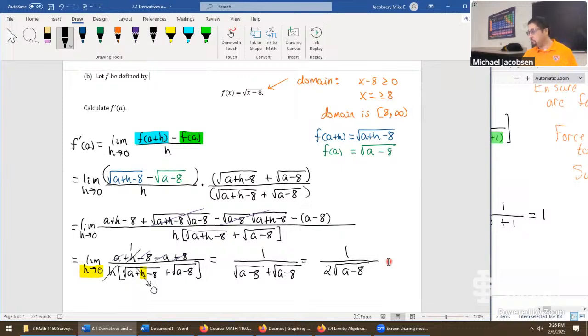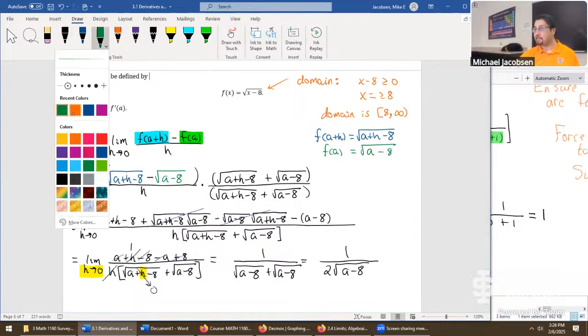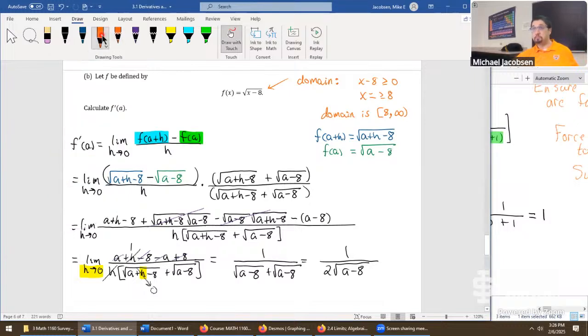Okay, well, now that we're at this spot, notice that the original function had a domain from 8, including 8, that's why we throw a bracket on it, going off to infinity. But down here, this domain has changed. This is kind of a surprise. Doesn't happen every time with derivatives, but it can happen. This one has domain figured by doing the following. We still take what's inside the root, and we want it to be non-negative, but this time we also want it to be non-zero because you can't put 8 down in there.